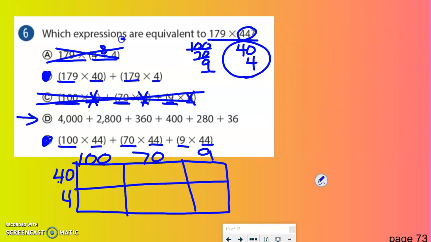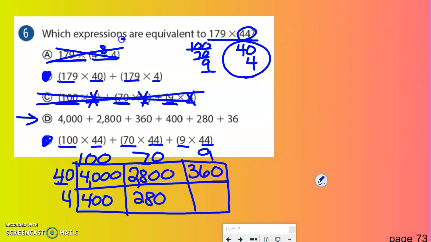So 40 times 100, 4 times 1 is 4. Add your 3 zeros and your comma. 40 times 70, 4 times 7 is 28. Add your 2 zeros and your comma. 40 times 9, 4 times 9 is 36. Add 1 zero. And then 4 times 100, 4 times 1 is 4. Add your 2 zeros. 4 times 70, 4 times 7 is 28.